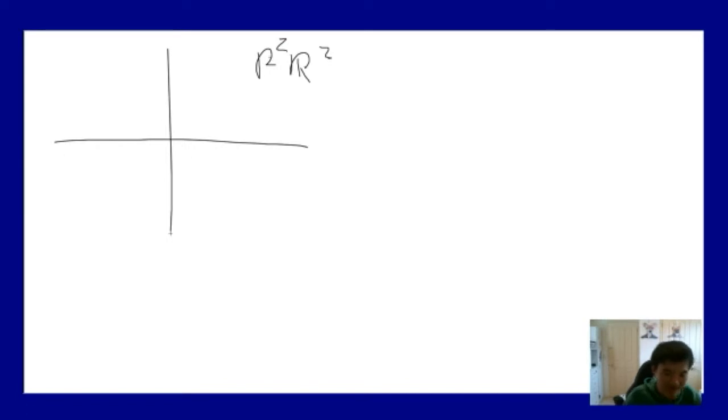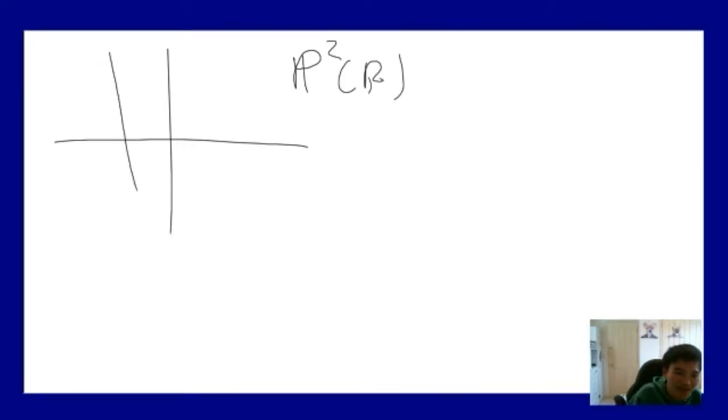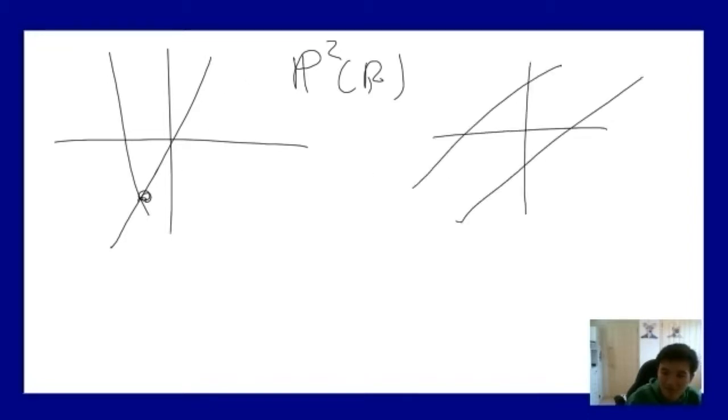So the example I gave before, let's take R2, or actually I should say P squared of R. So two lines intersect at a normal point, but if they were parallel, like this and this, well, they don't intersect in R2, but they intersect at infinity out here somewhere in the projective space.